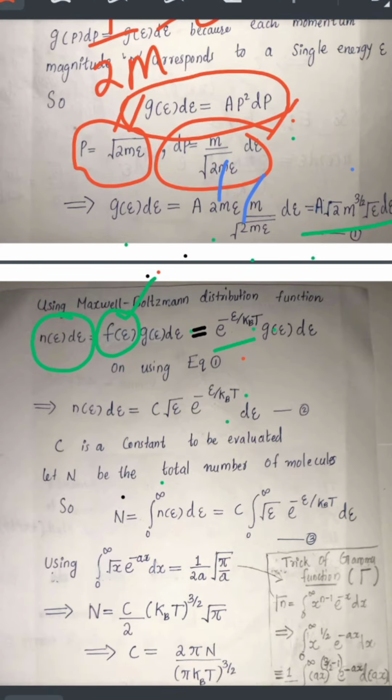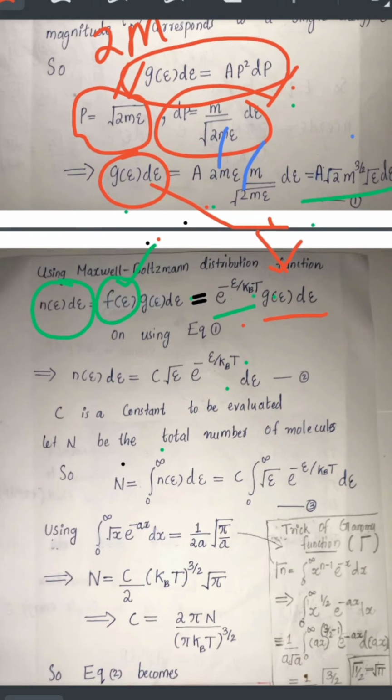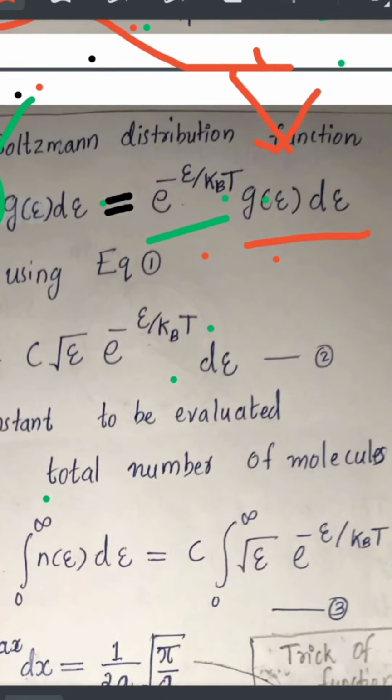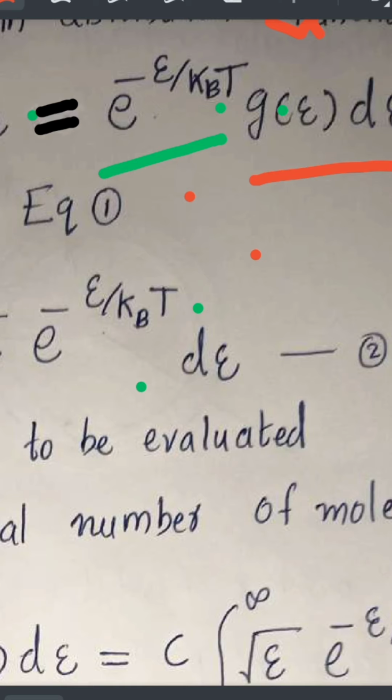So substituting this g of epsilon d epsilon here gives N of epsilon d epsilon is equal to a constant C times root epsilon e to the power minus epsilon over k_B T d epsilon. This is actually epsilon, I accidentally called it E. So remember that epsilon denotes the energy in our case.